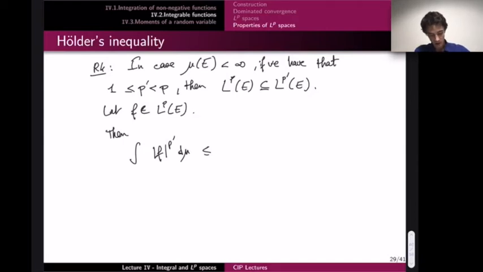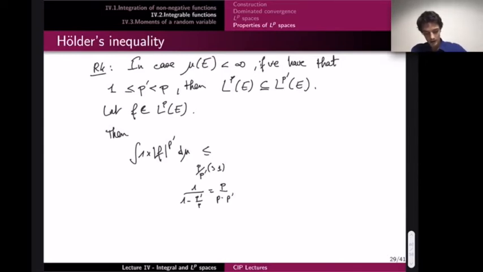So this will be 1 times the absolute value of f to the power p prime. And the exponent that I will use is p. So the p in the previous slide now is actually p over p prime, which by assumption is bigger than 1. And its conjugate exponent, so the q in the previous slide, will be 1 over 1 minus p prime over p, which is equal to p divided by p minus p prime, if I'm correct.